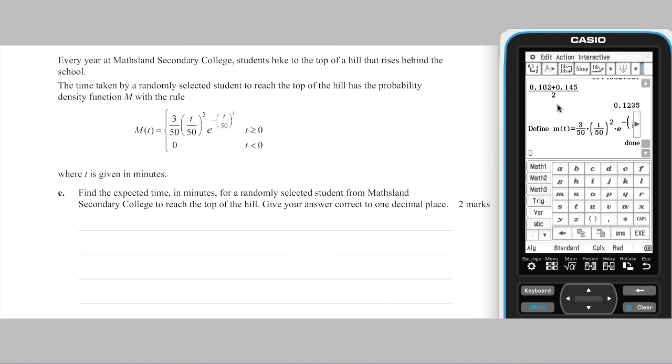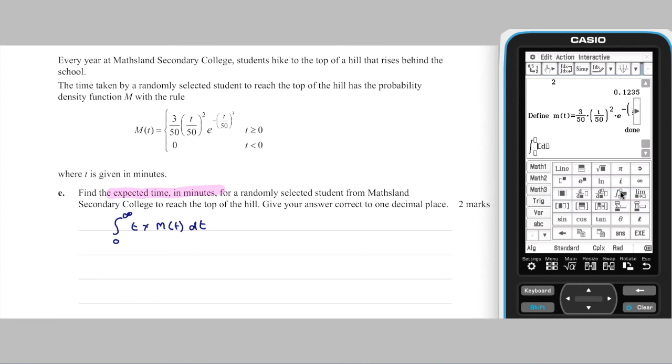With this having been done, I can now compute the expected value of this function. This is equal to 44.6 minutes.